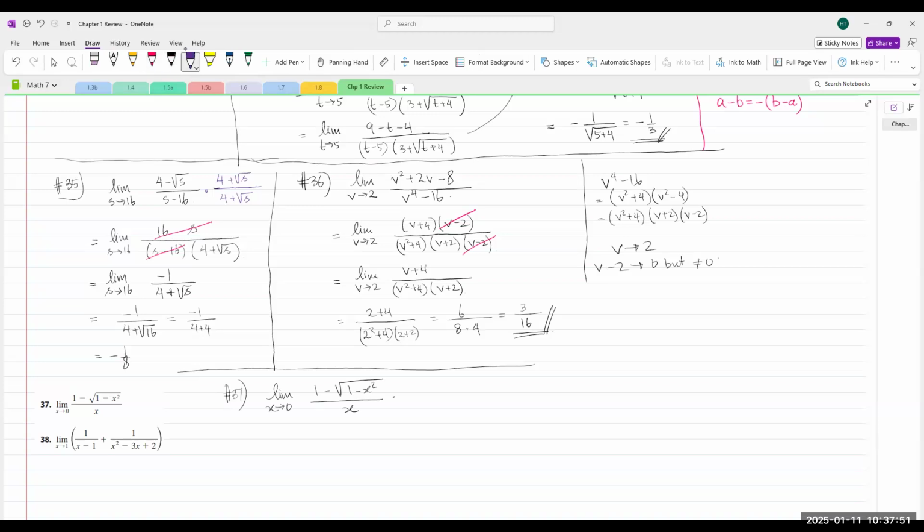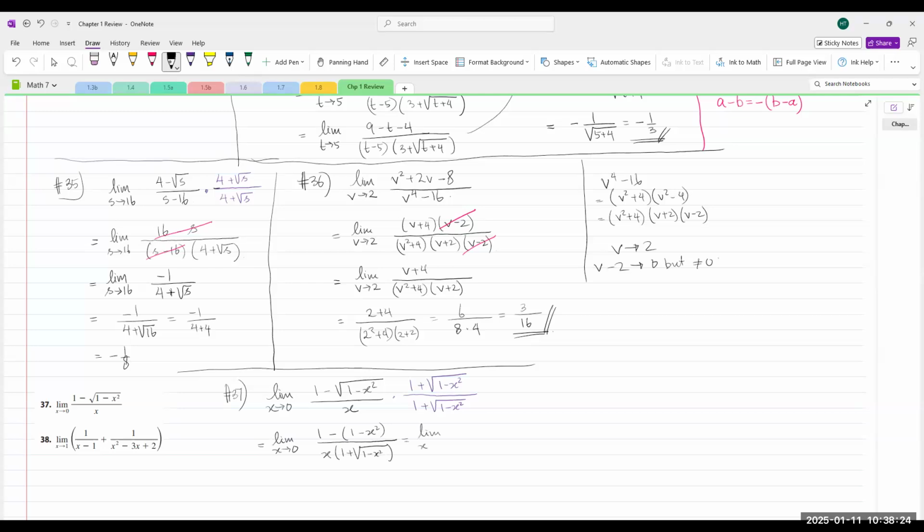However, I see that on the numerator it has a conjugate, so let me multiply by the conjugate first and see what happens. That's limit x approaching 0 of 1 minus 1 minus x squared. The square root cancels when you square it. And at the bottom we have x times 1 plus square root of 1 minus x squared.